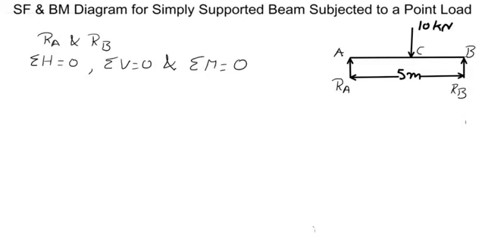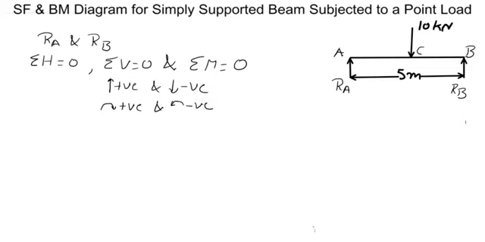Now before applying the second and third equilibrium condition, we have to consider the nature of forces and the nature of moments. So I am here considering the upward forces as positive and downward forces as negative. And then clockwise moments as positive and anti-clockwise moments as negative.